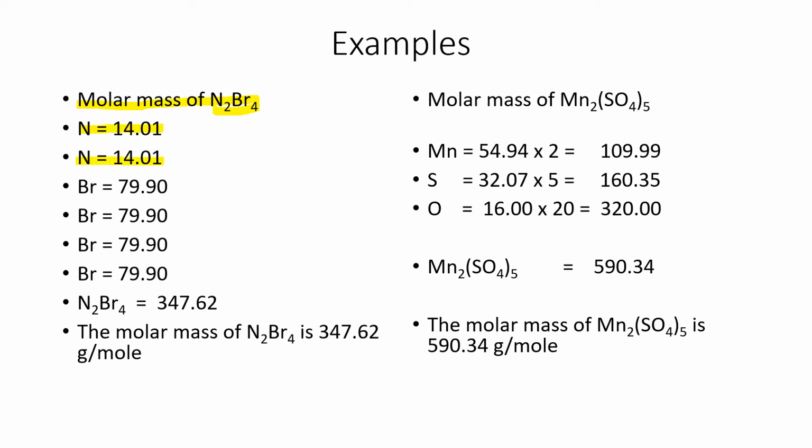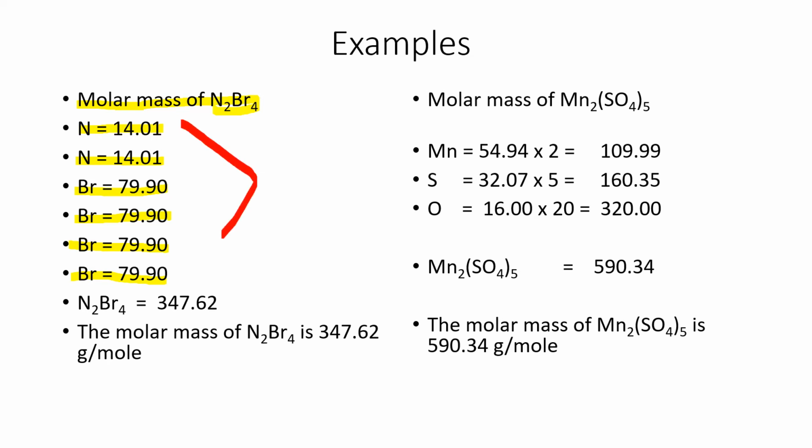Then we have 4 bromines. So we find bromine on the periodic table. Bromine on the periodic table has a mass of 79.90, and we have 4 of them. So we get those in. Then to figure out what's going on with the total, we just combine.